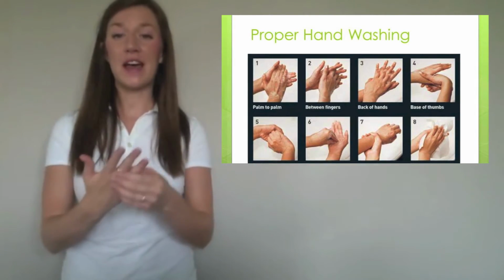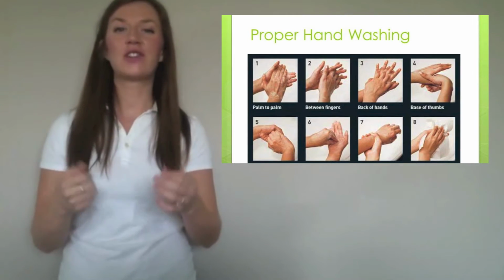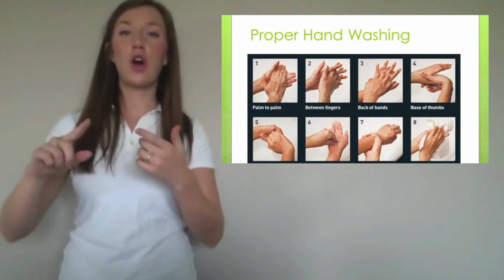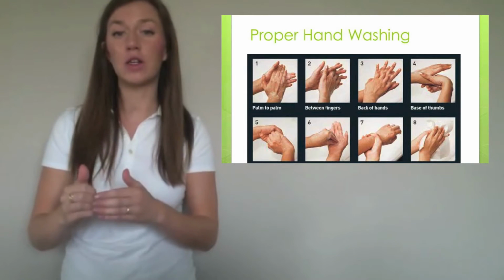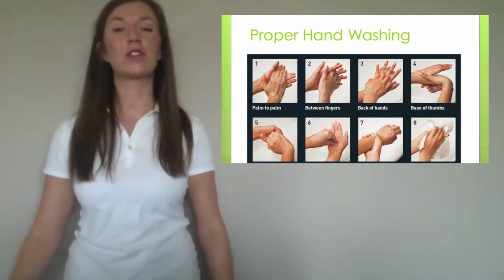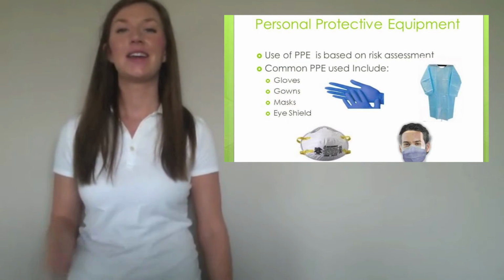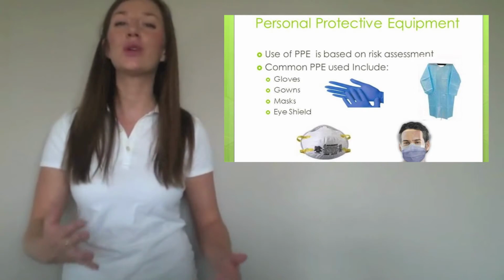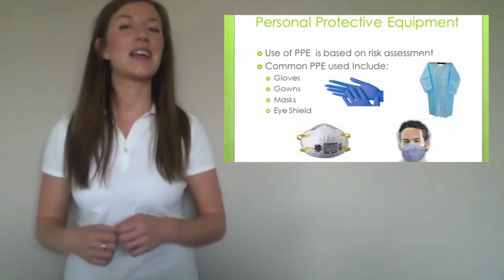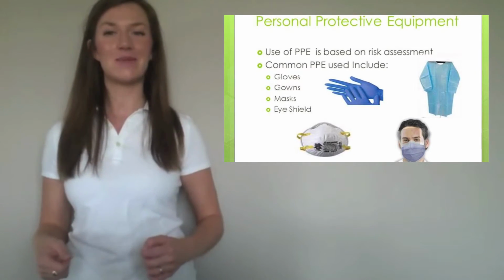Now, don't forget that jewelry or cracked or dry skin and long nails or chipped nail polish also act as reservoirs for infectious agents. Personal protective equipment, or PPE, is also used to protect yourself or others against infectious diseases.